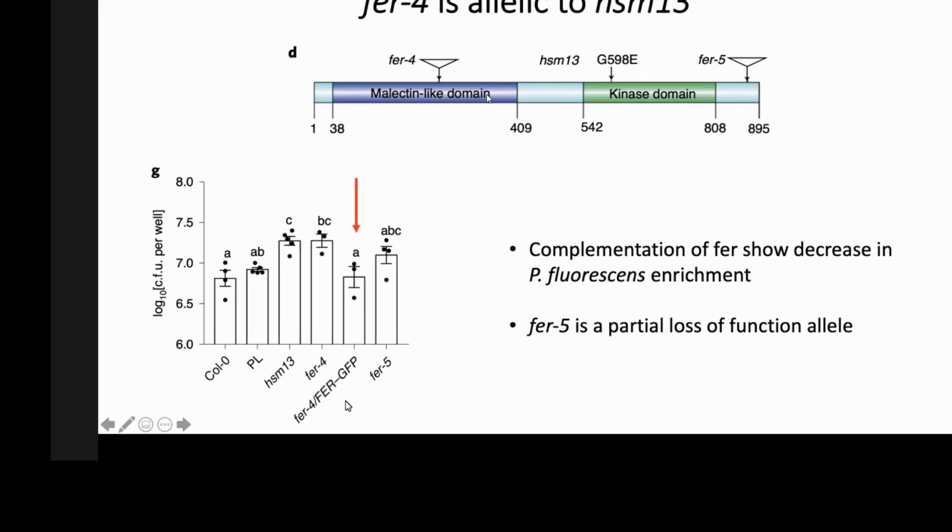And then in FAIR5, which is downstream of the kinase domain, they saw this partial increase in the bacteria present. So if we compare the wild type with FAIR5, we see that the levels are not as high as it is for HSM13 or for FAIR4. And this makes sense in light of previous work that showed that FAIR5 is a partial loss of function allele.